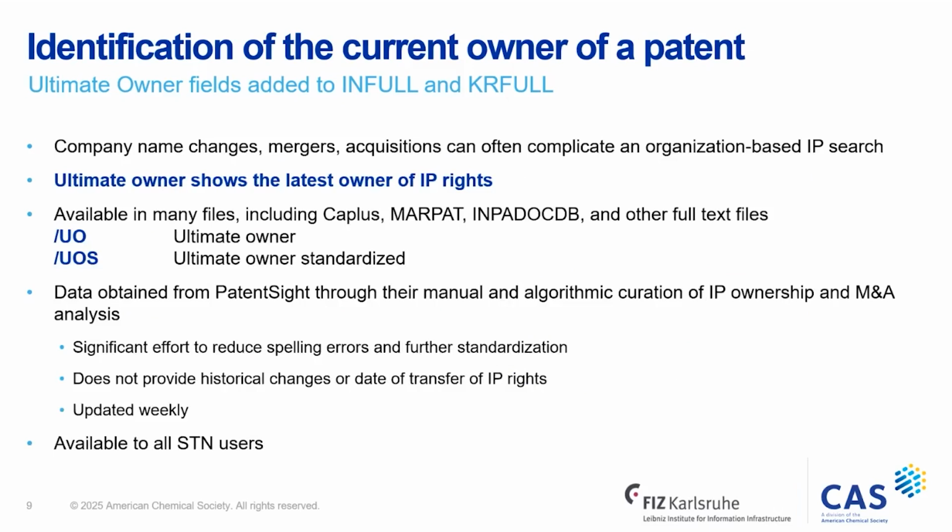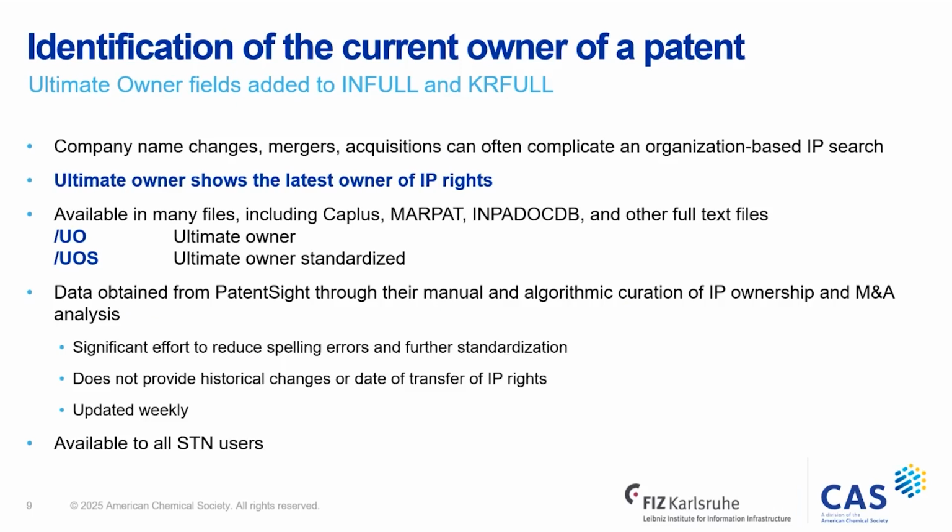The reason that we have this information in here is that very often the original owner of a patent may not be the current owner of a patent, whether through company name changes, mergers and acquisitions, or various ways that the intellectual property of one organization might change to a different organization or have a different assigned name. So our ultimate owner data is intended to show the most recent owner of IP rights for an invention, even when that differs from the original patent assignee.